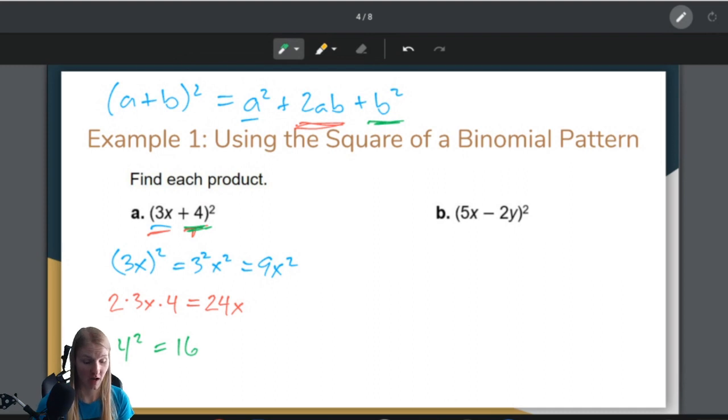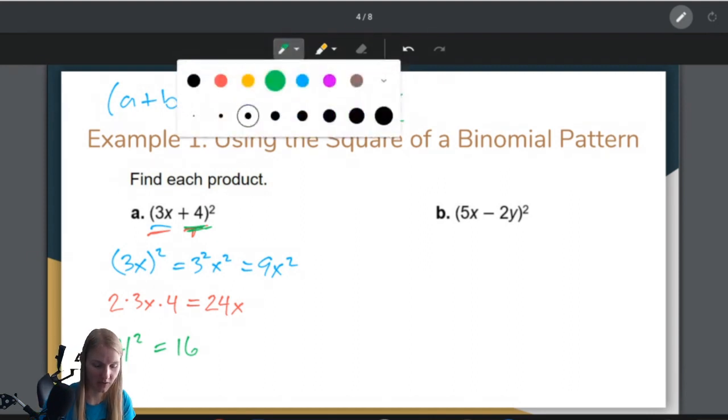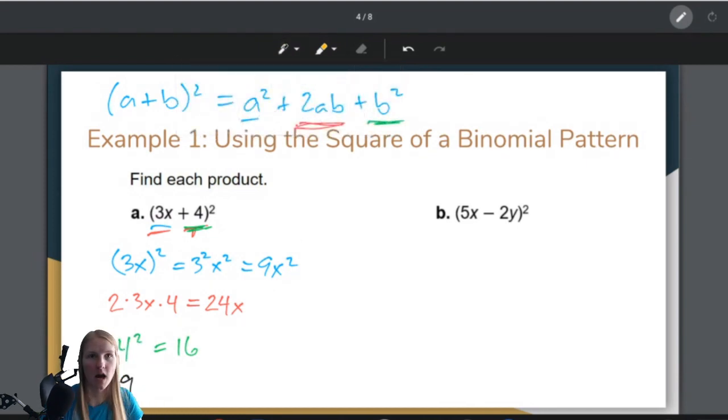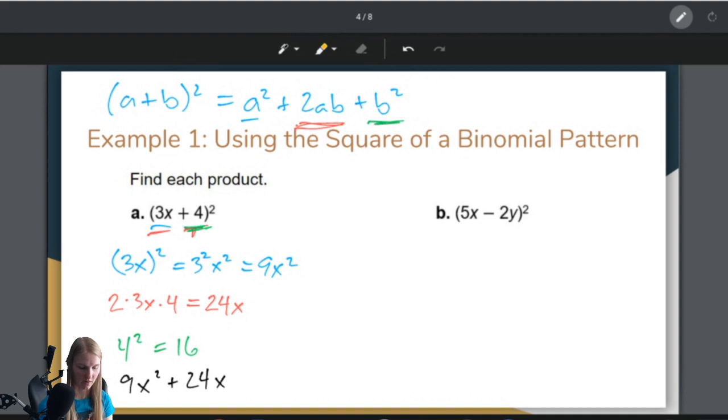Now, don't forget that our final answer is supposed to look something like this. Our final answer needs to be all added together. So you guessed it, I'm going to add all of these things together. We're going to take 9x squared plus 24x plus 16.